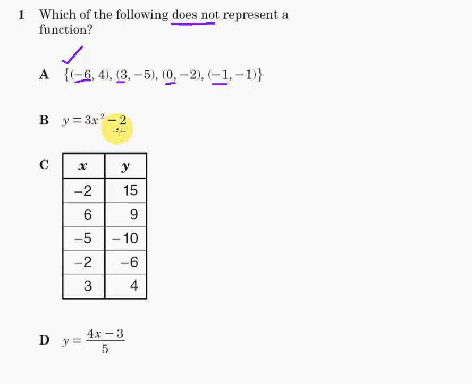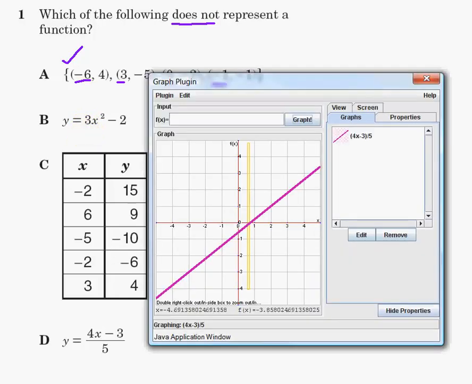The parabola should be shifted down 2 from the parent parabola, and it should be a little bit narrower because this 3 is bigger than 1, so that makes it steeper or narrower. Let's just graph it and look at it. Let's do the parent function first, which is just x squared.